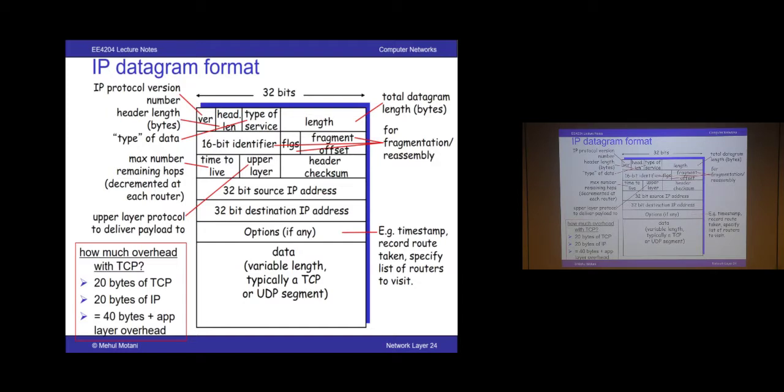Okay, the second 32 bits are a set of fields used to do a function called fragmentation and reassembly. If you remember, when we talked about network layer, we saw something about maximum segment size. There's also a network layer maximum. It's called maximum transmission unit.